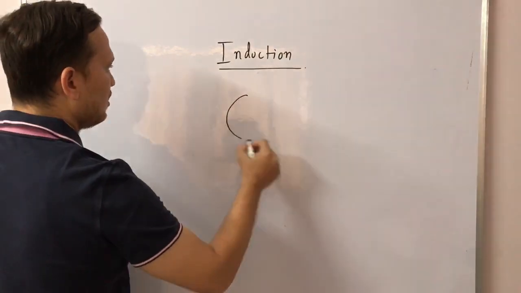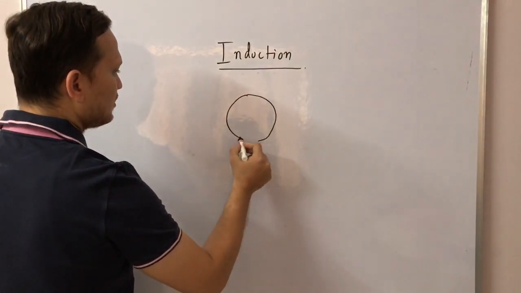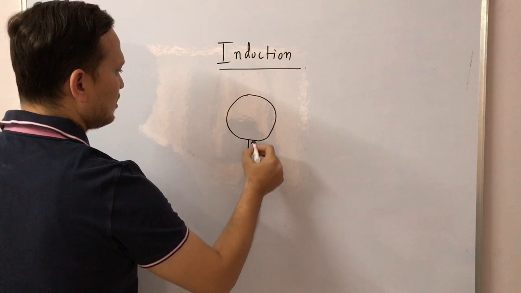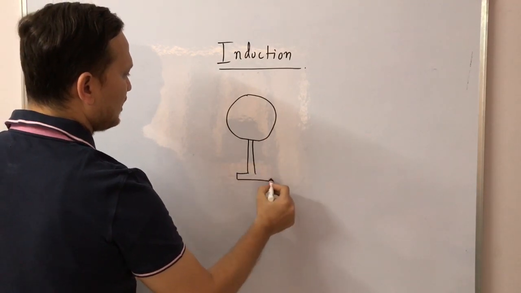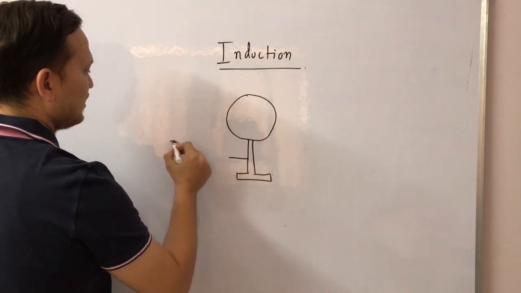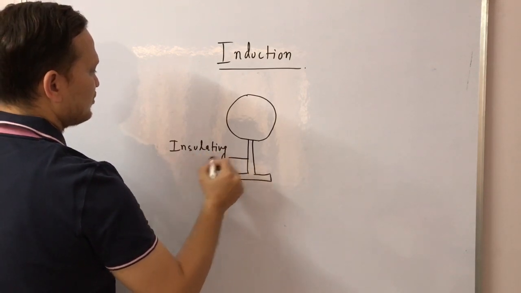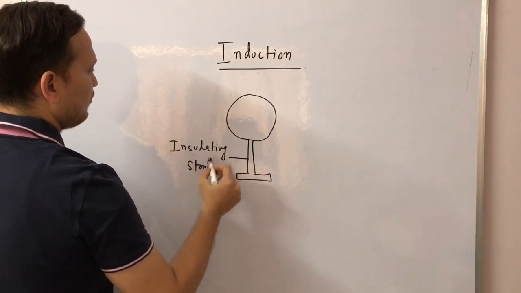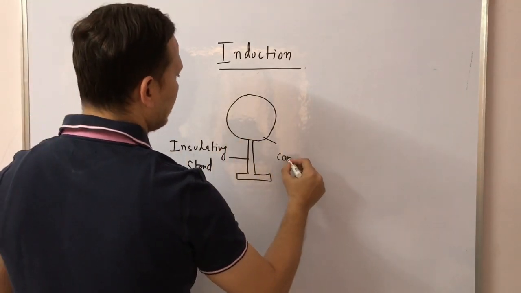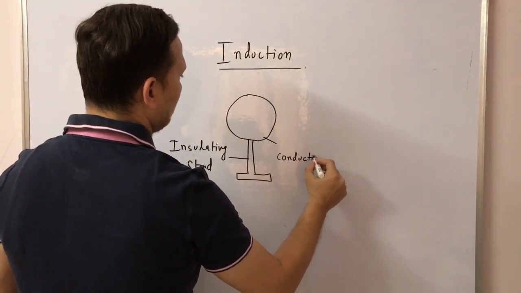Let us take a conducting sphere. This conducting sphere is placed on an insulating stand. This is an insulating stand, and we have this conducting sphere.